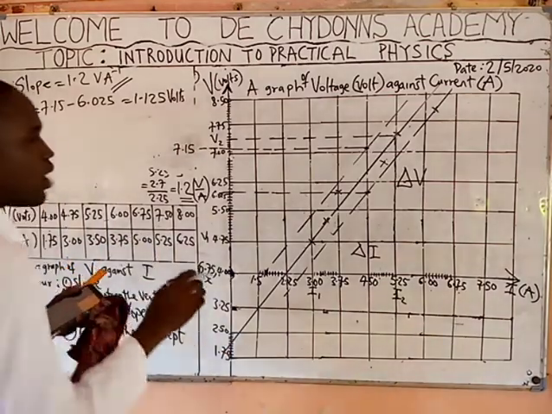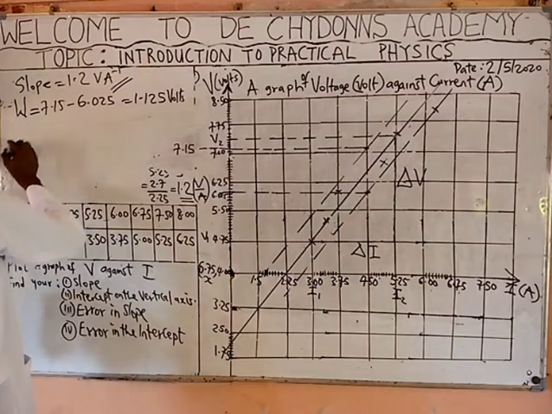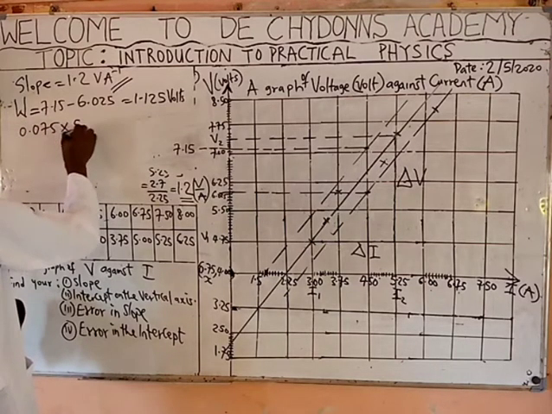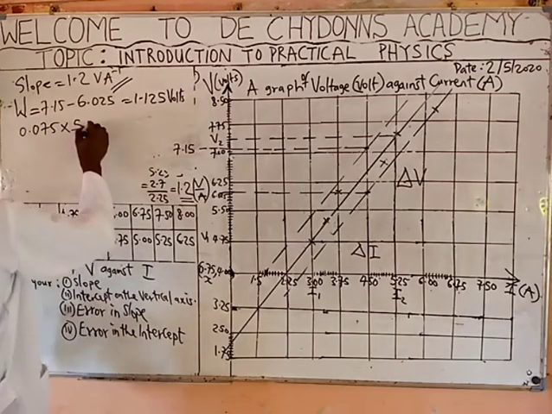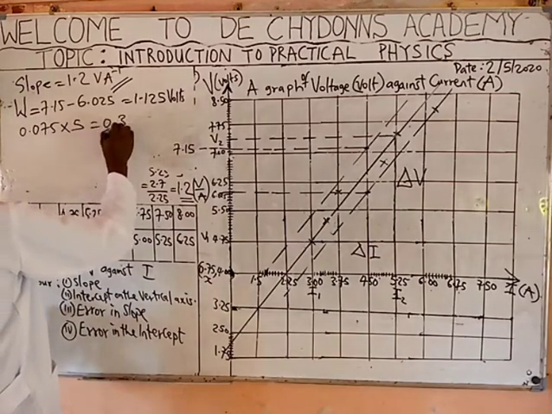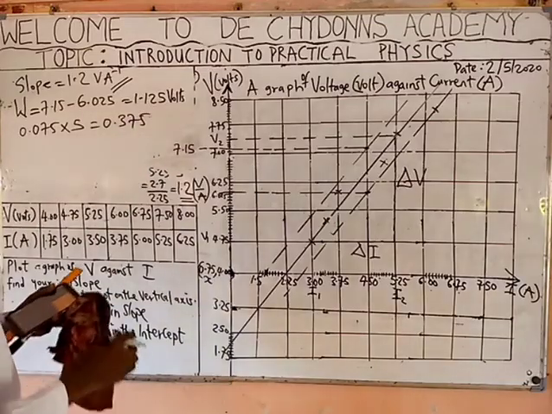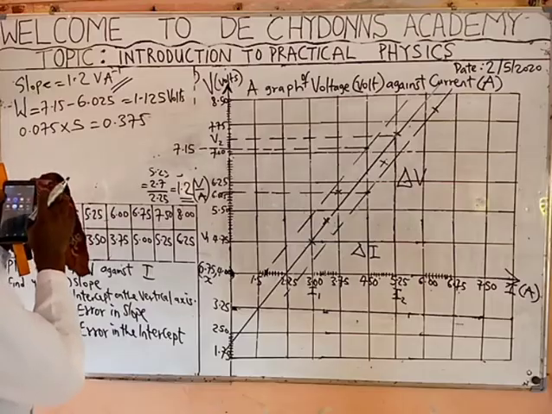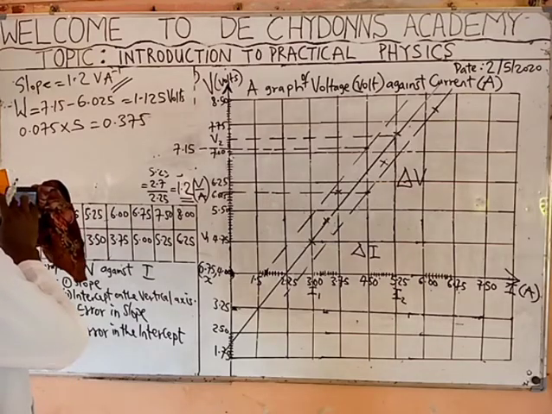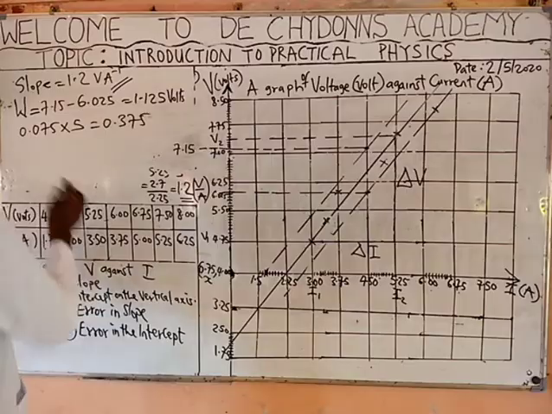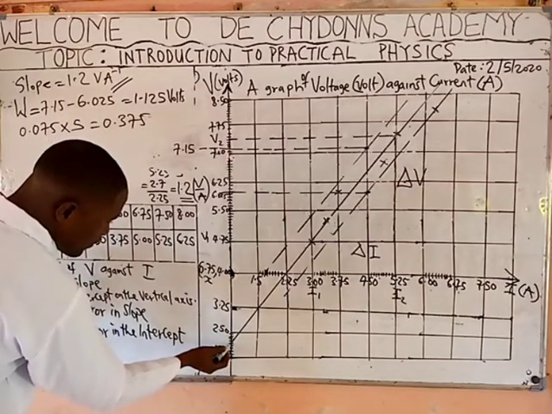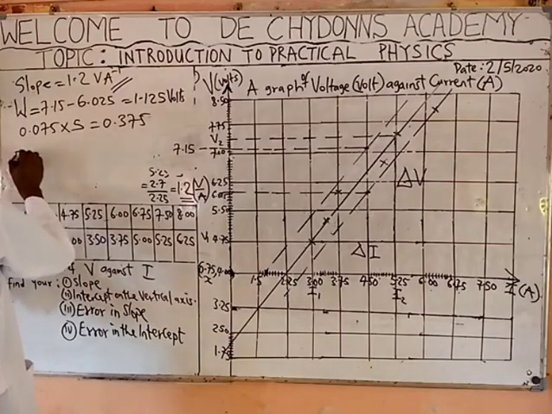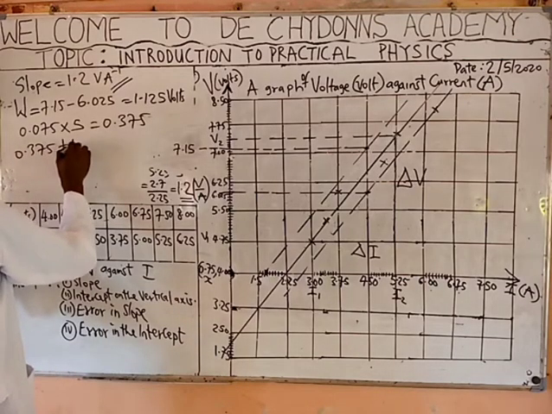So 0.075 times 5, because we have 5 spaces, will give us 0.375. That is from here to here. We add it to 1.75. We now say 0.375 plus 1.75.